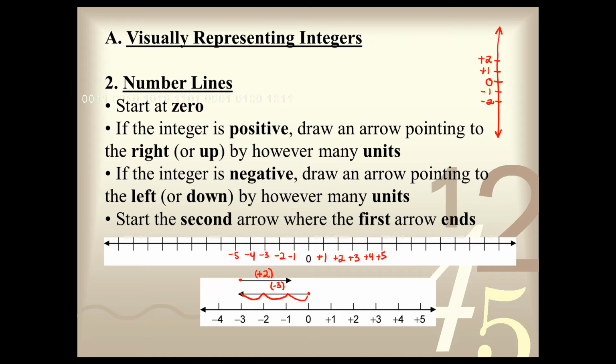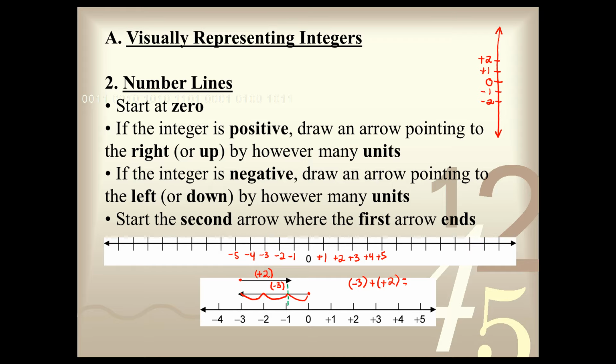If I want to write down an addition statement, it would be -3 plus +2 would be equal to. Now, for the answer, look at where the second integer ends. Just draw a line vertically downward.